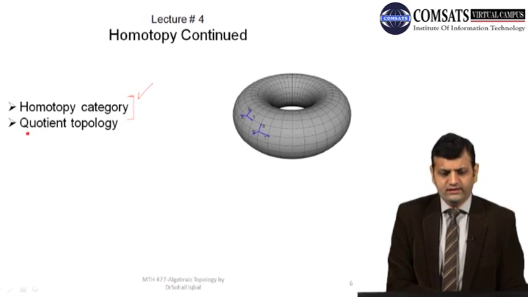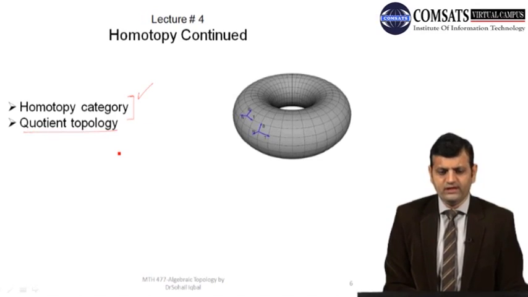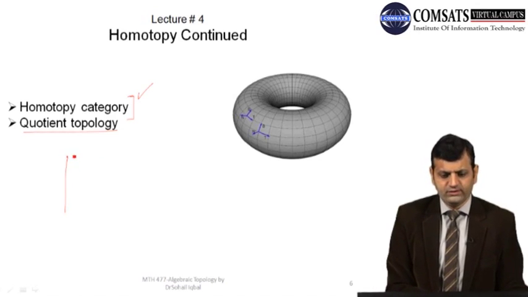Then we went on to define the quotient topology. It's a very simple idea: we define an equivalence relation, and that equivalence relation gives us a quotient topology.